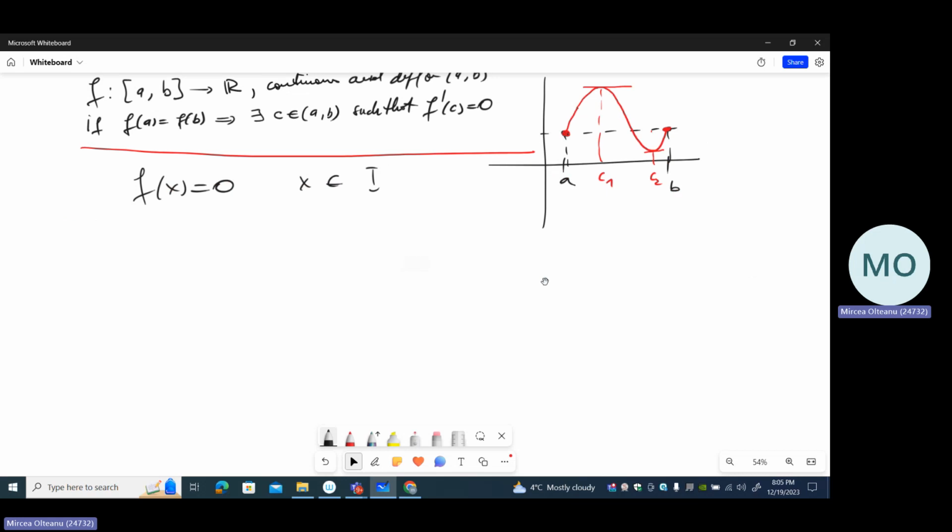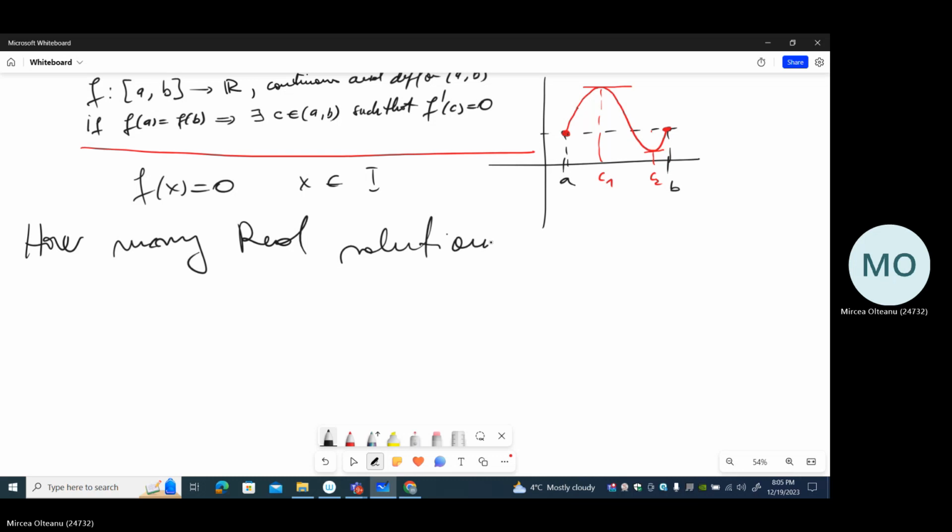How many real solutions does the equation have? This is the question we want to answer.